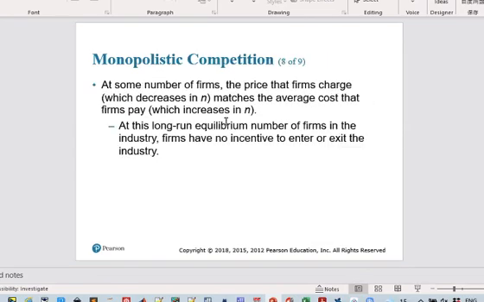At this point E, this is the long-run equilibrium. We have a long-run equilibrium number of firms in the industry, and firms have no incentive to enter or exit the market. So this is where we have a stabilized number of firms operating in the market.